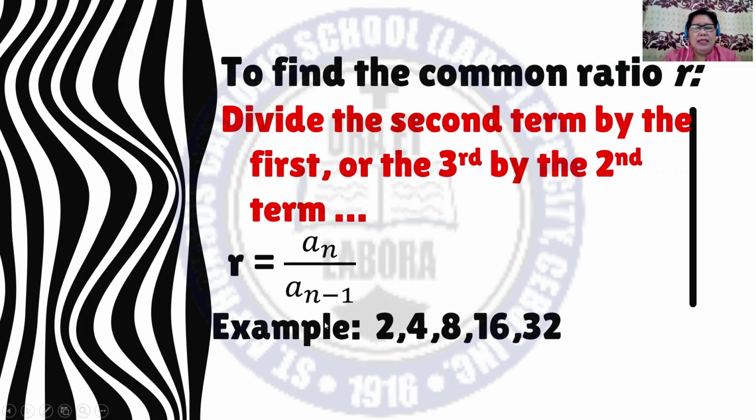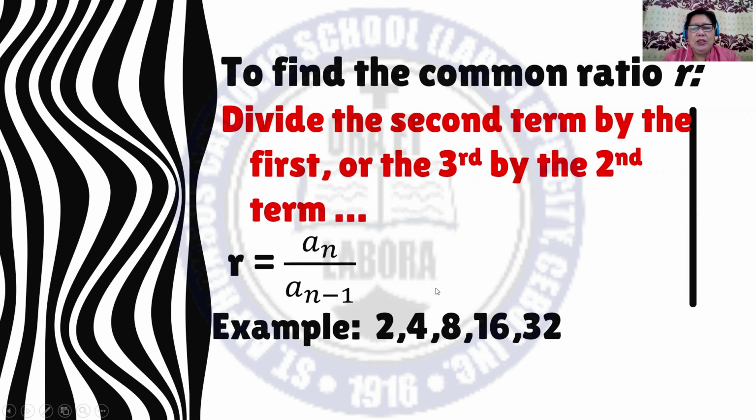So, for example, if we have 2, 4, 8, 16, 32. A sub 2 or the second term is 4. A sub 1 or the first term is 2. So 4 divided by 2 is 2.